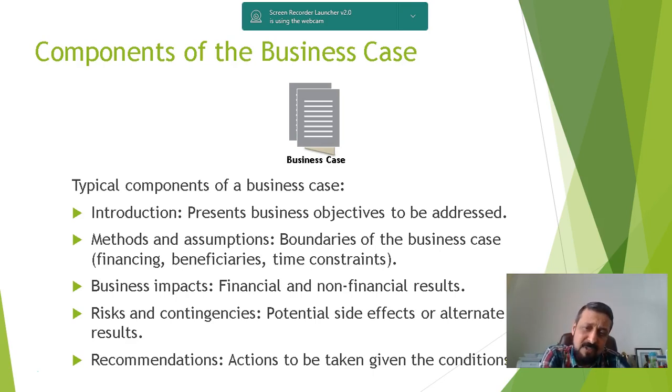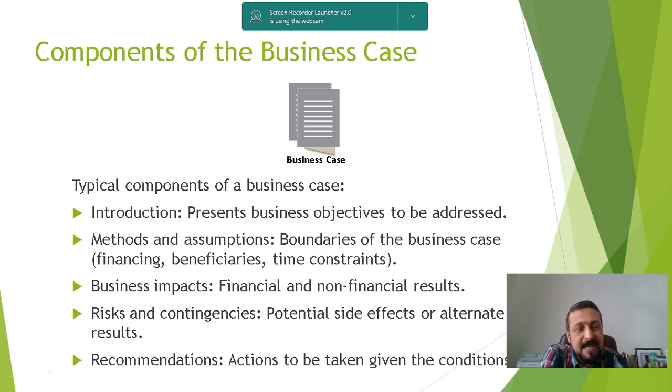You will then have a section on business impacts, the financial and the non-financial results for the company. Risks and contingencies. You will talk about in your business case both risks and contingencies. Potential side effects or alternate results.